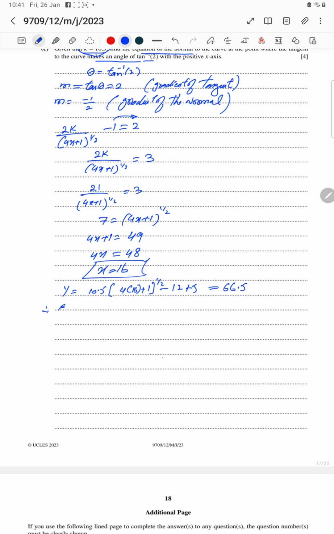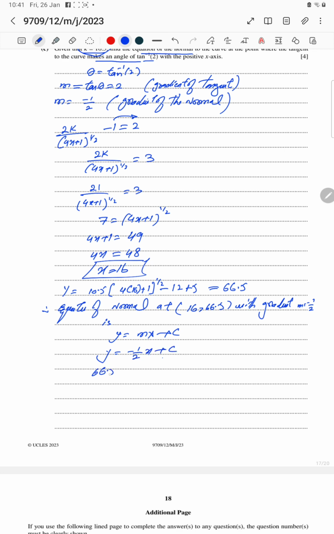Therefore, the equation of the normal, what we are looking for, is the normal at point (16, 66.5) with gradient m equal to minus 1 by 2. y equals mx plus c. So y equals minus 1 by 2 x plus c.